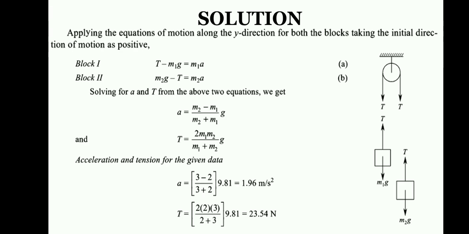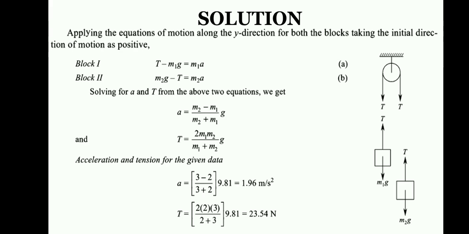Next, applying D'Alembert's principle. What is D'Alembert's principle? The resultant force applied on the body, F equal to mass times acceleration, that is F equal to ma. So F is the net force acting on the body.